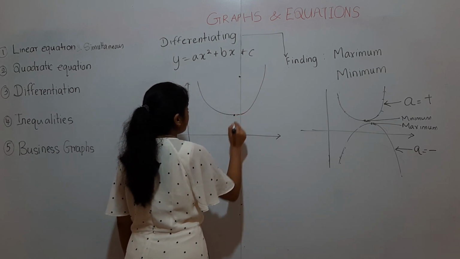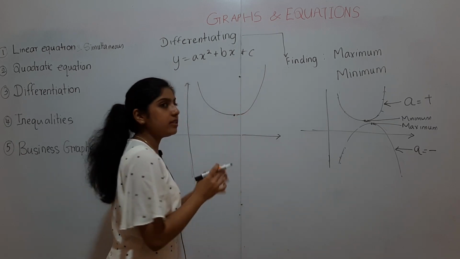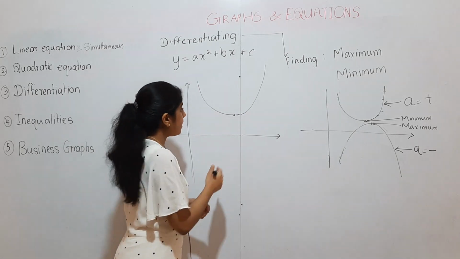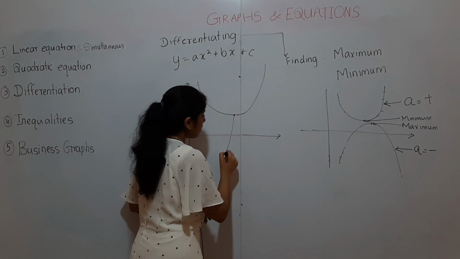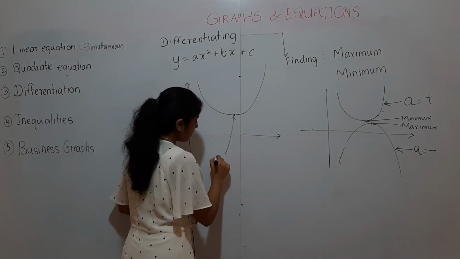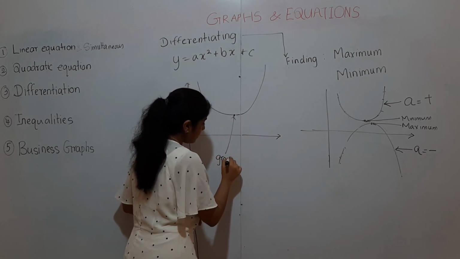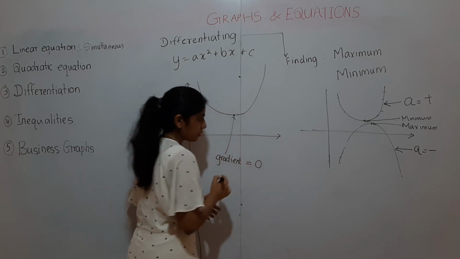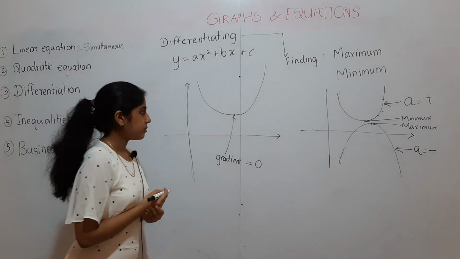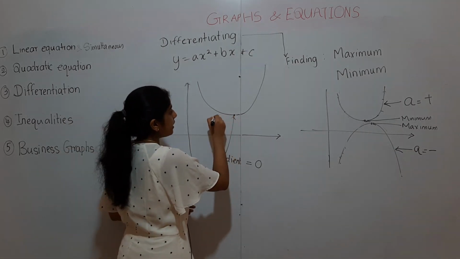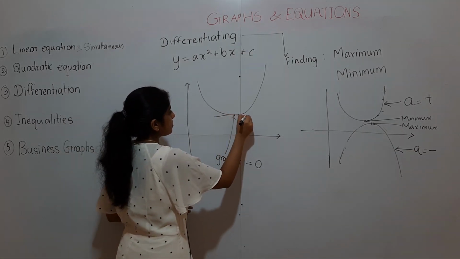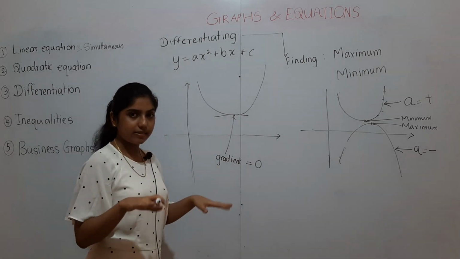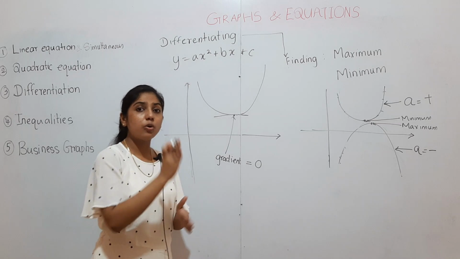Now this is the next most important thing to remember. At the minimum point, your gradient is equal to 0, because it is flat. That's why there is no slope.